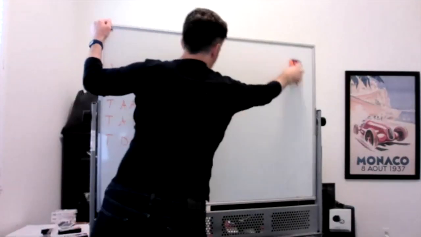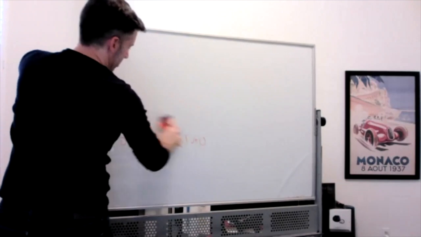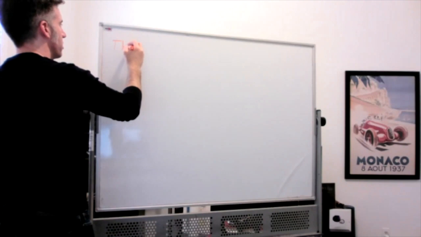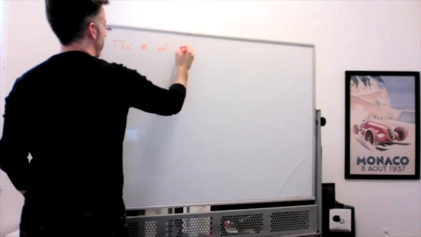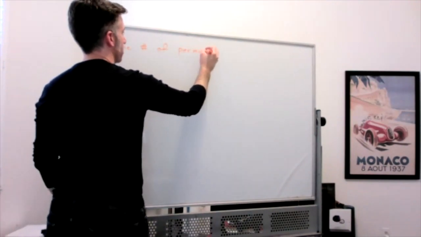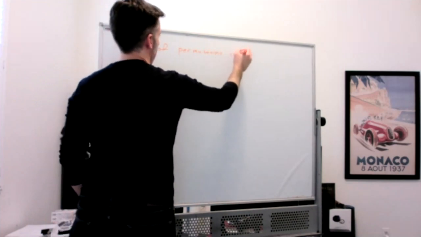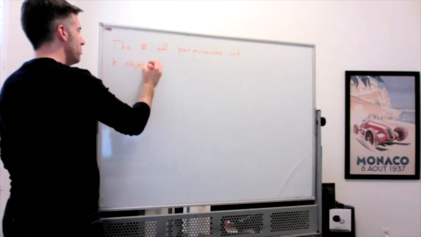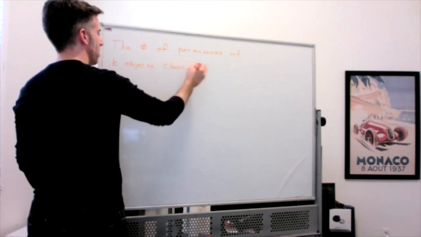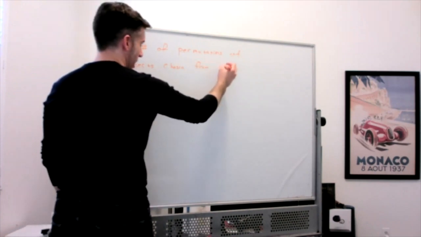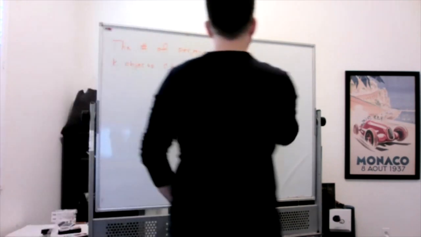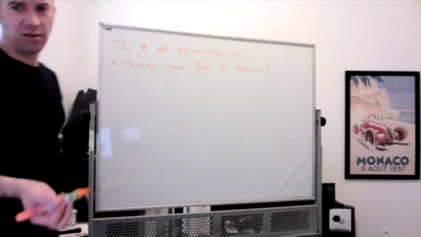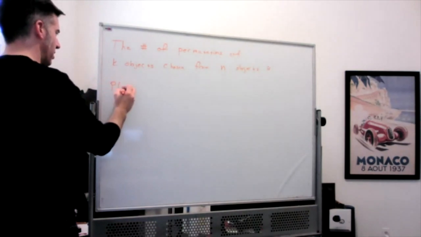for permutations. Again, permutations, order matters. So the number of permutations of k objects chosen from n objects is given by, sometimes people use this notation, P of n comma k.